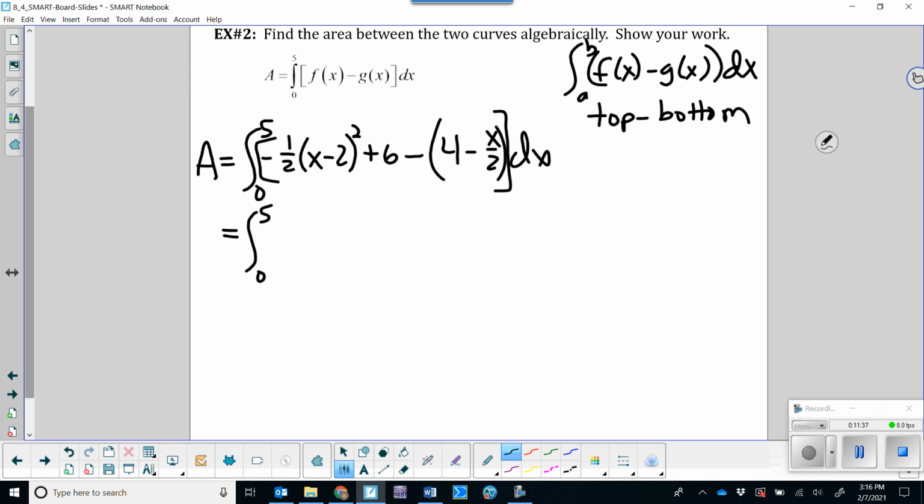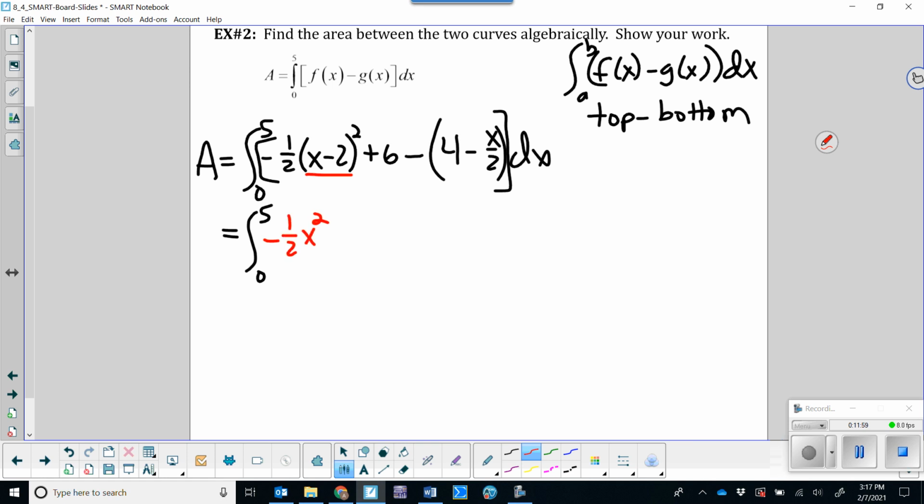So remember we said if you do (x minus 2) whole thing squared, you're going to get x squared minus 4x plus 4. So I'm just going to remember that and take it times negative 1/2 each time. So I got x squared times negative 1/2. So that's going to be negative 1/2 x squared.